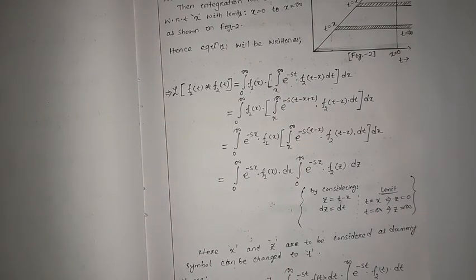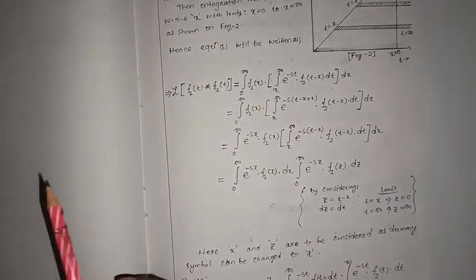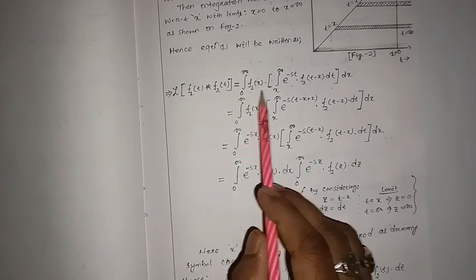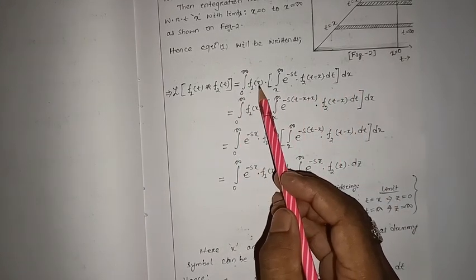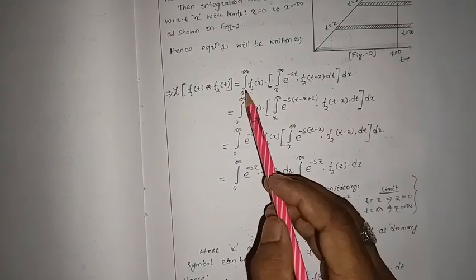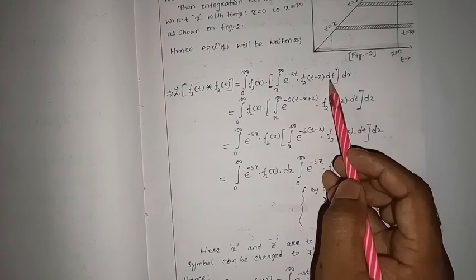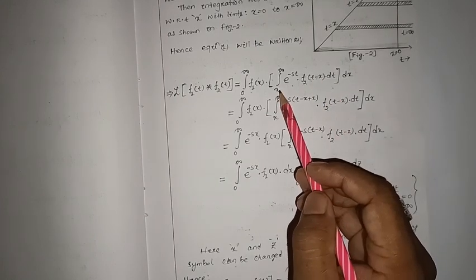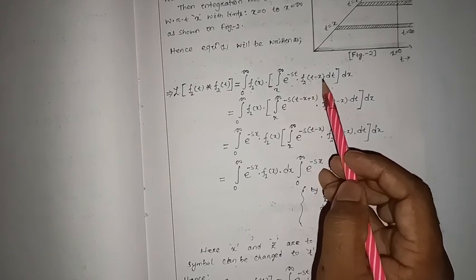Now, by considering the change of order, we have written it like this: 0 to infinity f1(x), integration with respect to x, then integration with respect to t varies from x to infinite e to the minus st into f2(t minus x) dt.